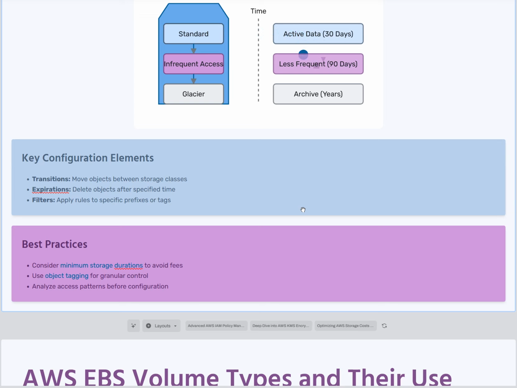Make sure you identify the access pattern and then set up a rule. Use object tagging for granular control, so you can tag objects to select them granularly and apply these rules, and analyze access patterns before configuration.